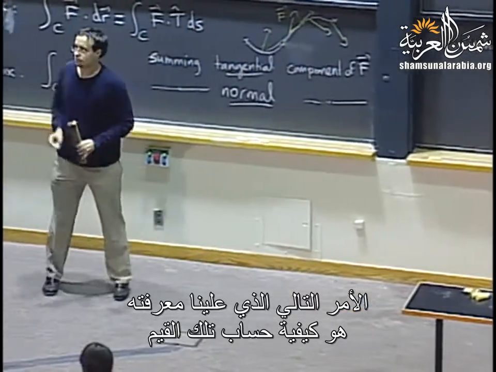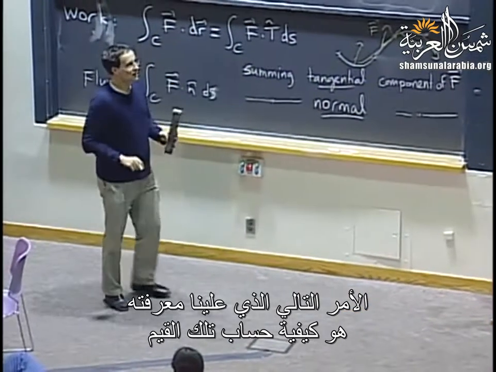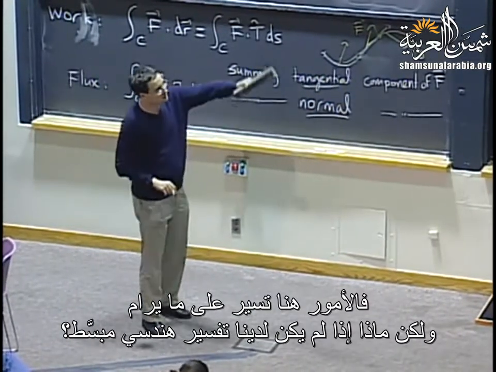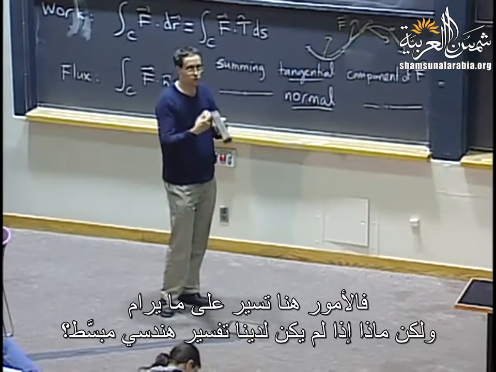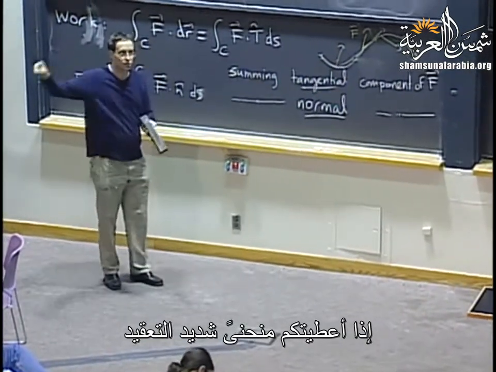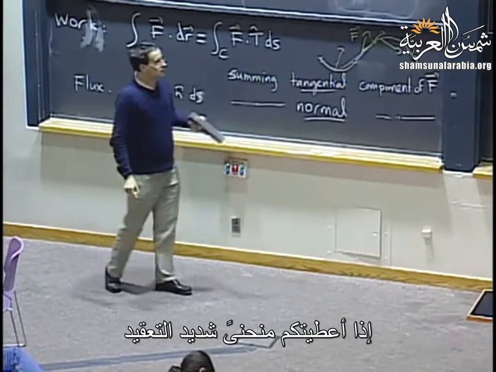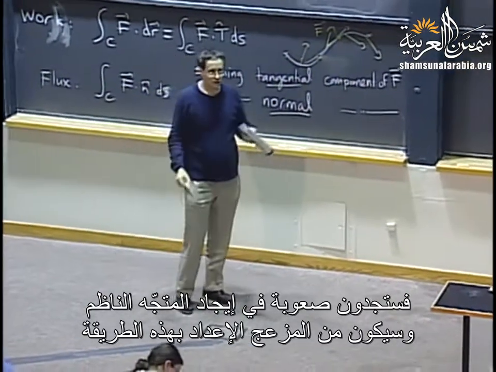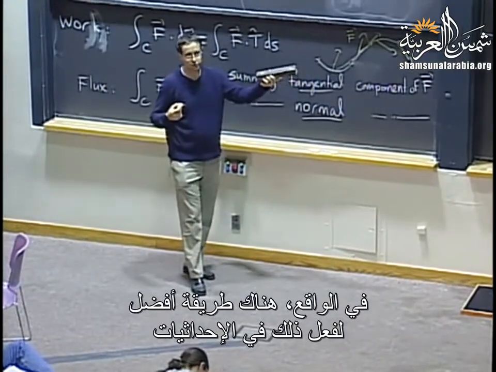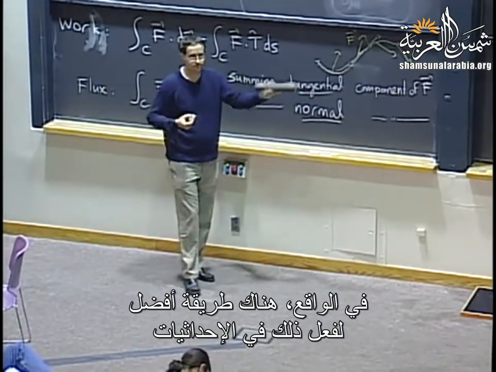Okay, so the next thing we need to know is how we'll actually compute these things. Because here it works pretty well, but what if you don't have a simple geometric interpretation? What if I give you a really complicated curve, and you have trouble finding the normal vector? It's going to be annoying to set up things this way. So actually, there's a better way to do it in coordinates.